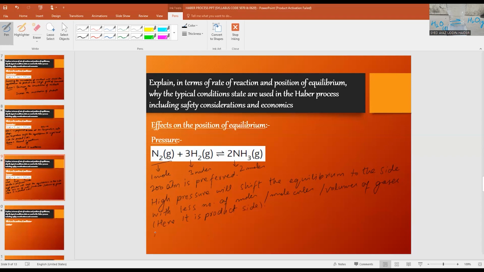For the reason, you can refer to the number of moles, molecules, or volumes of gases, either on reactant side or product side.